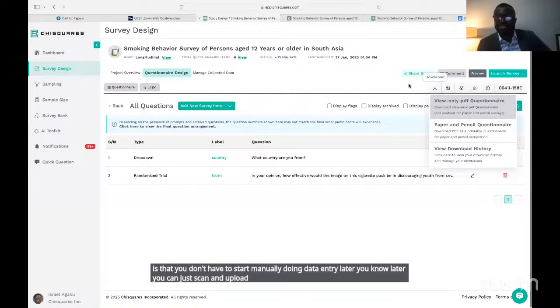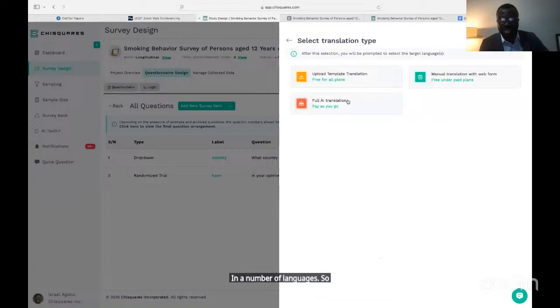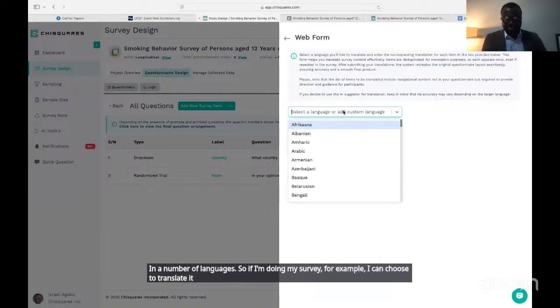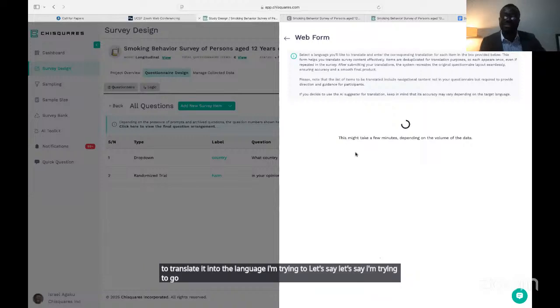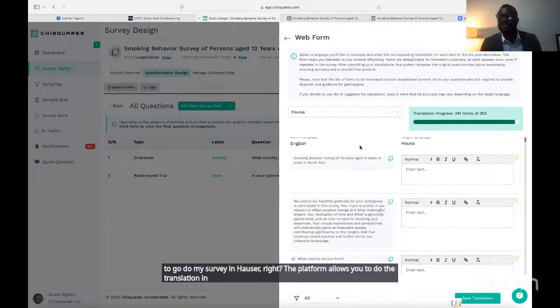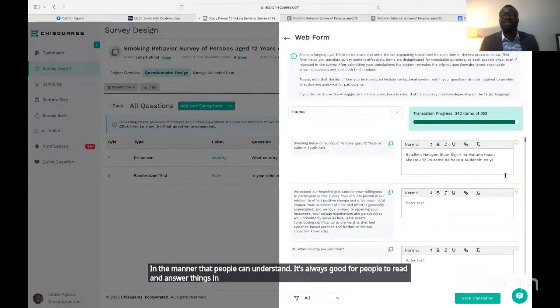The platform allows you to translate your survey into any number of languages. If I'm trying to do my survey in Hausa, for example, the platform allows you to do the translation in a manner that people can understand. It's always good for people to read and answer things in their own mother tongue.